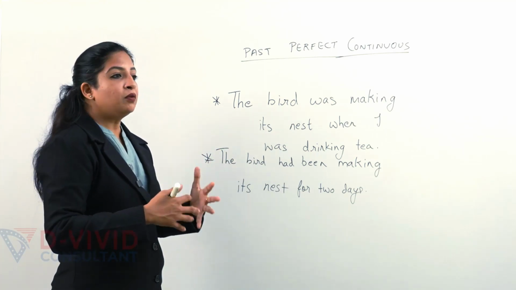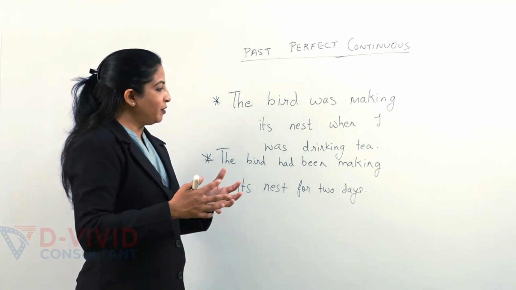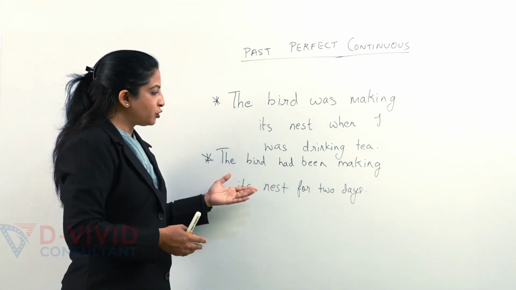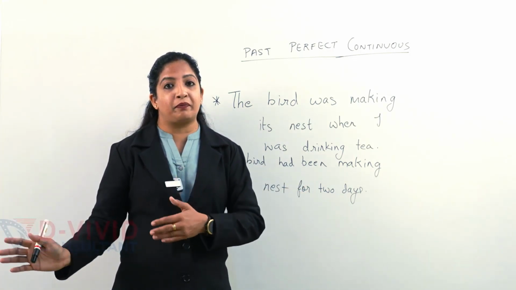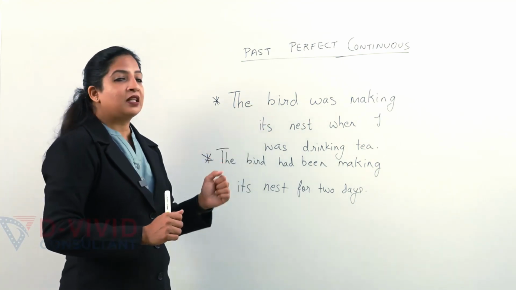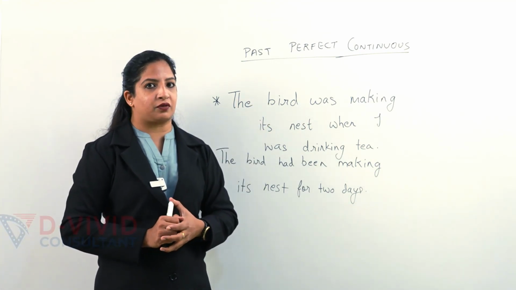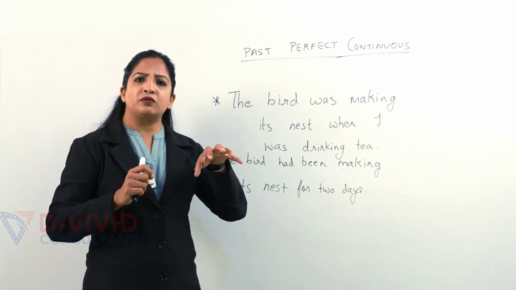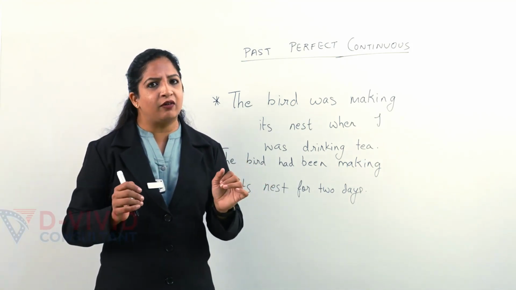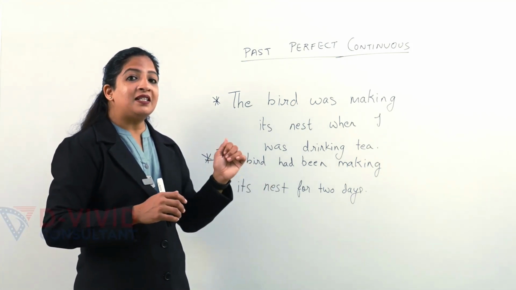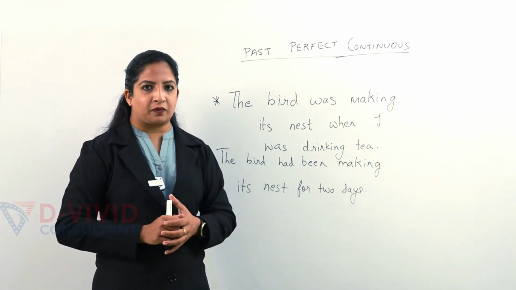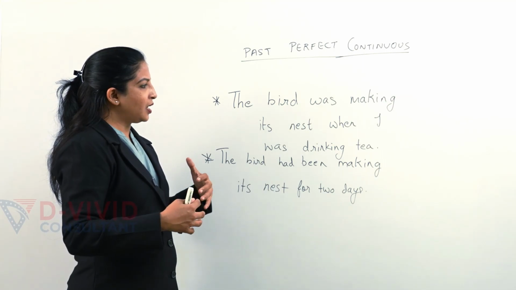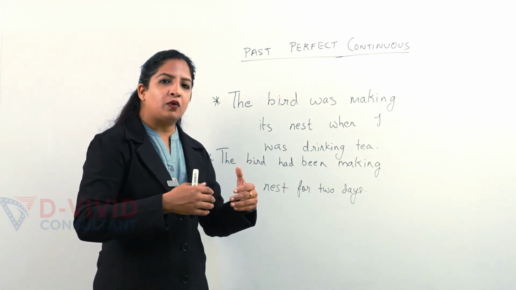So when you need to show the duration of some activity that was going on in the past, this is the tense you are supposed to use. But if you just want to say something that was temporarily going on, the past continuous tense is the tense of that situation. Let us understand this tense in a little more detail.